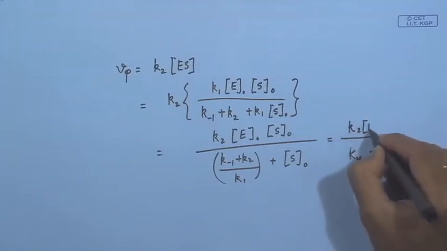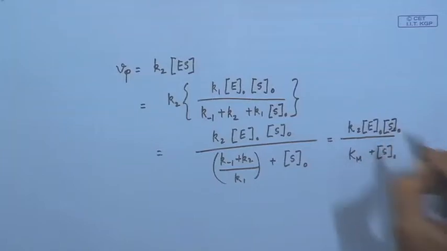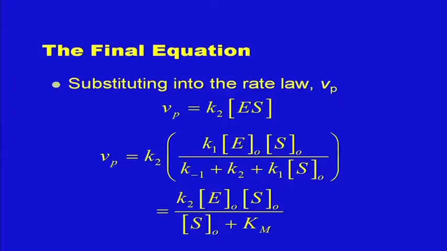Okay, K2 E0 S0. Okay. So, this is the rate, velocity of product formation, velocity of reaction, you can write in this way. Okay.